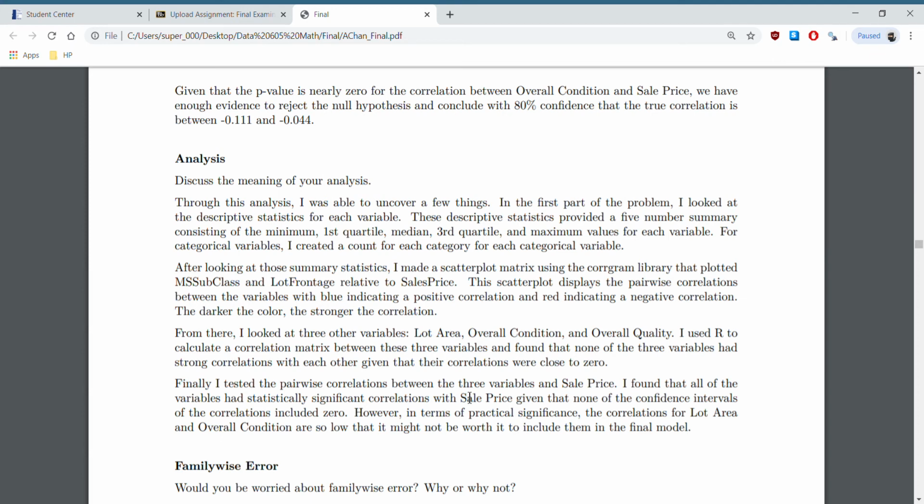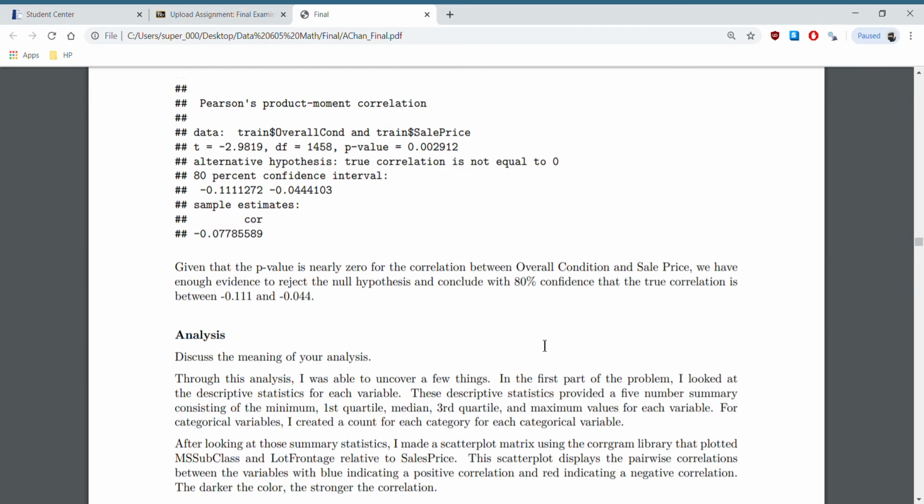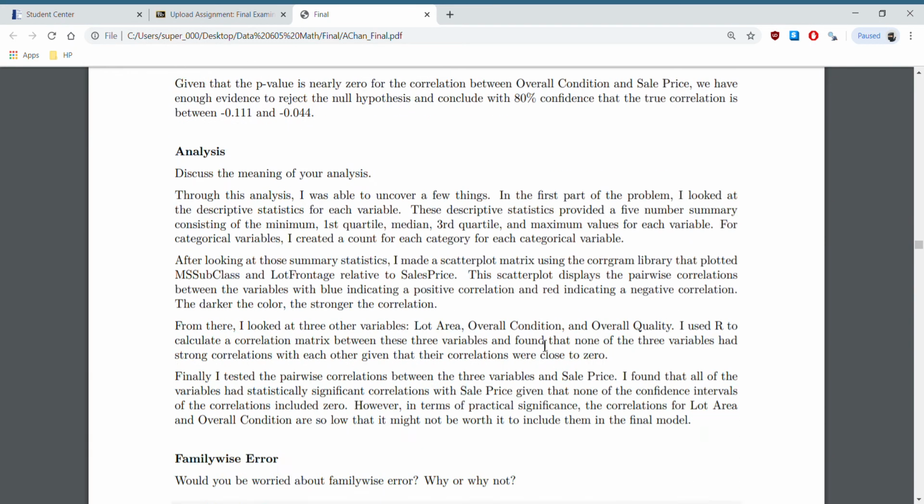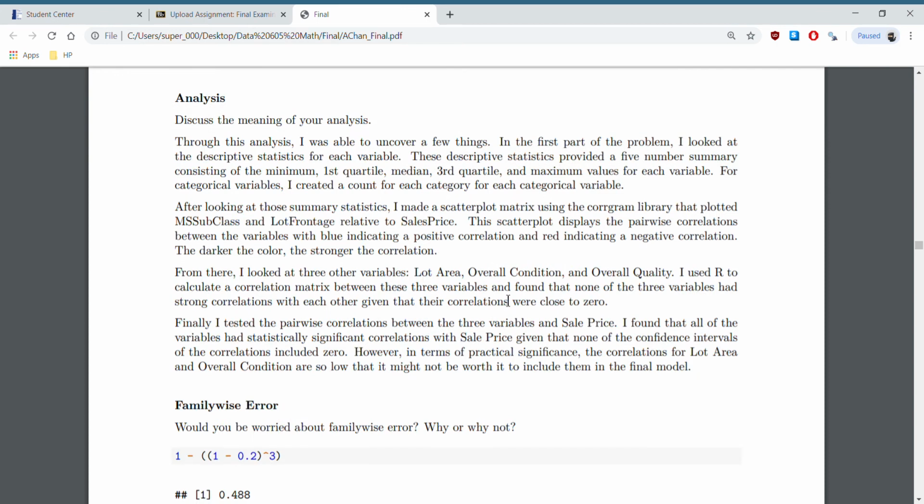Then I looked at 3 other variables: lot area, overall condition, and overall quality, and I checked the correlations using the correlation test relative to the sale price. I found that overall quality looked like a pretty good predictor, but with lot area and overall condition, it's lesser so.